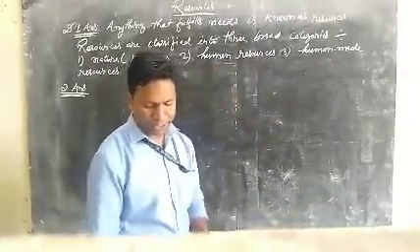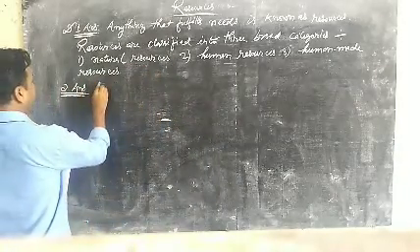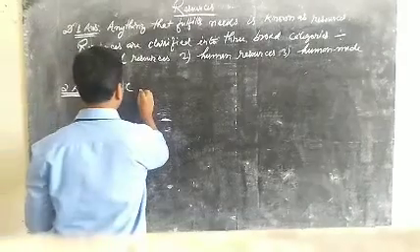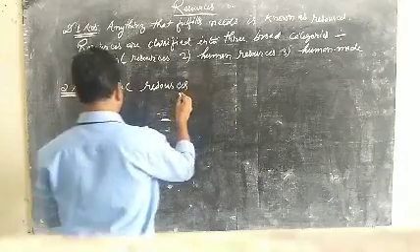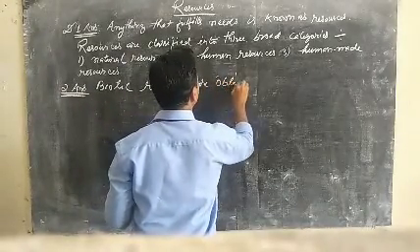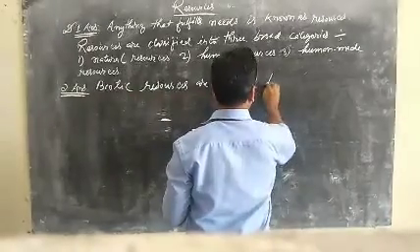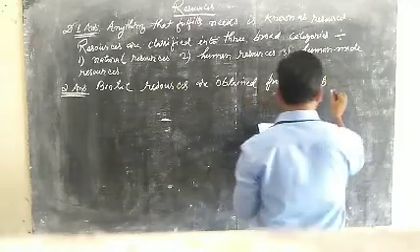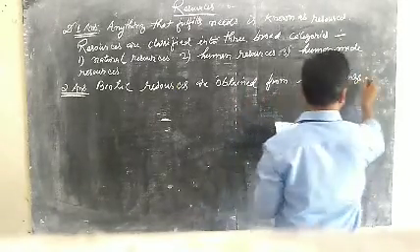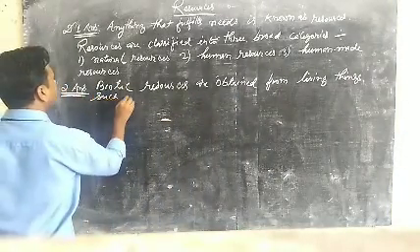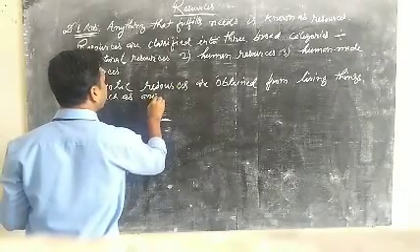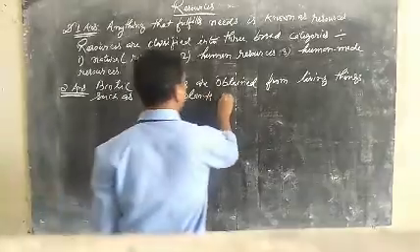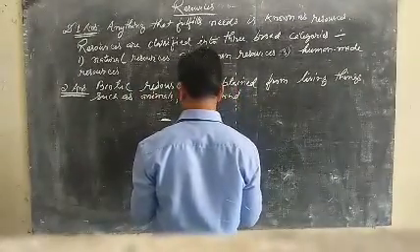So the answer is: biotic resources are obtained from living things such as animals, plants, and microorganisms.